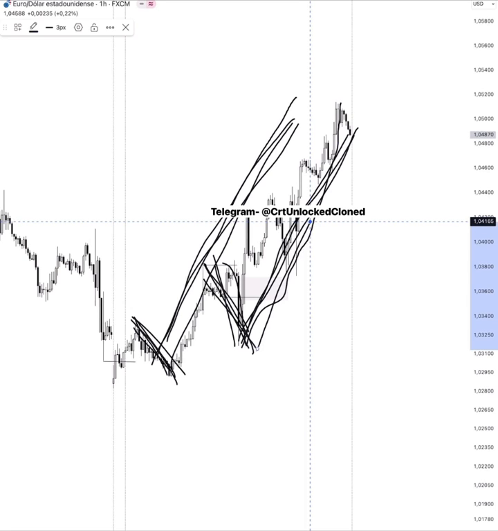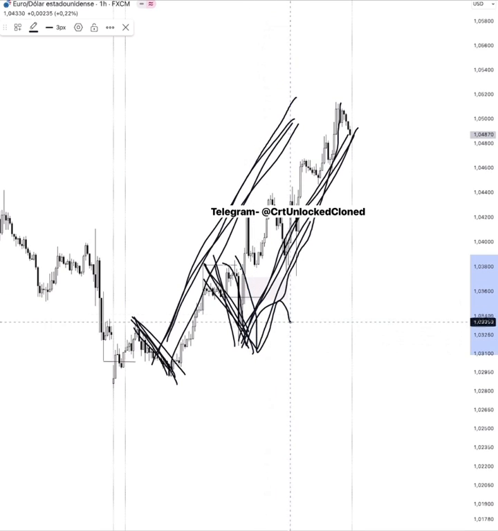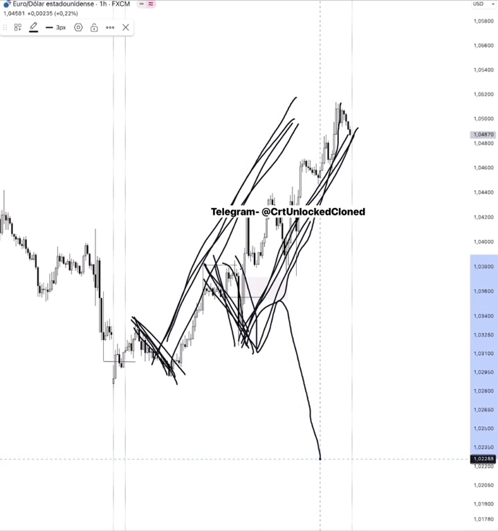What's unacceptable, and what I don't expect from any one of you who's serious about trading, is to simply blindly place trades and finish the trading week not knowing what they did. Right? So if you traded this move right here, thinking it was the beginning of a large move, then note it down.